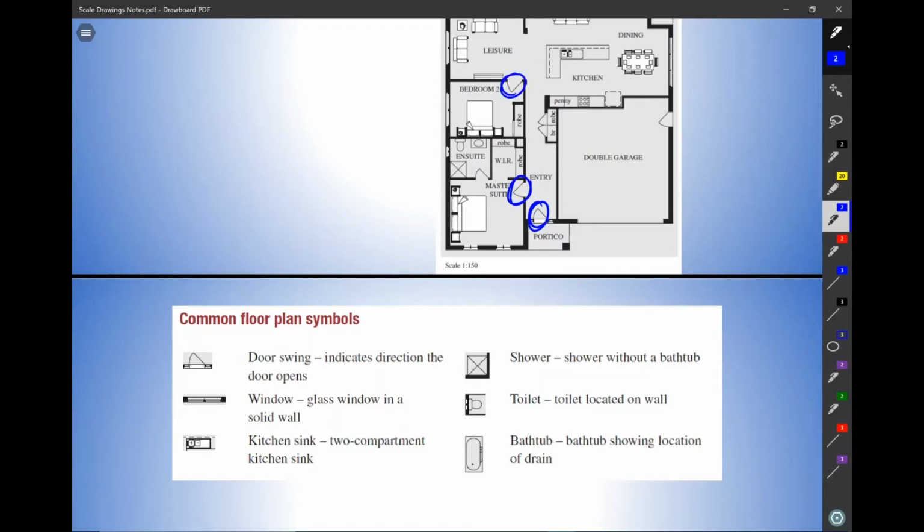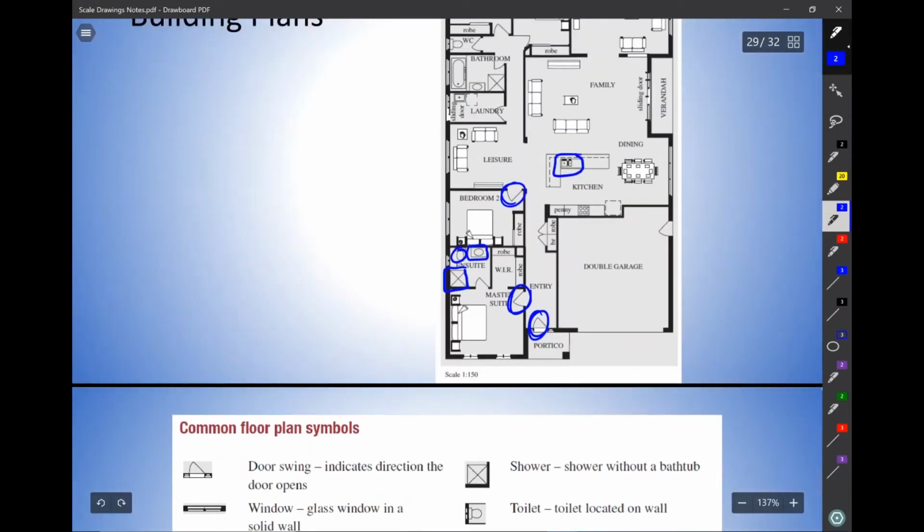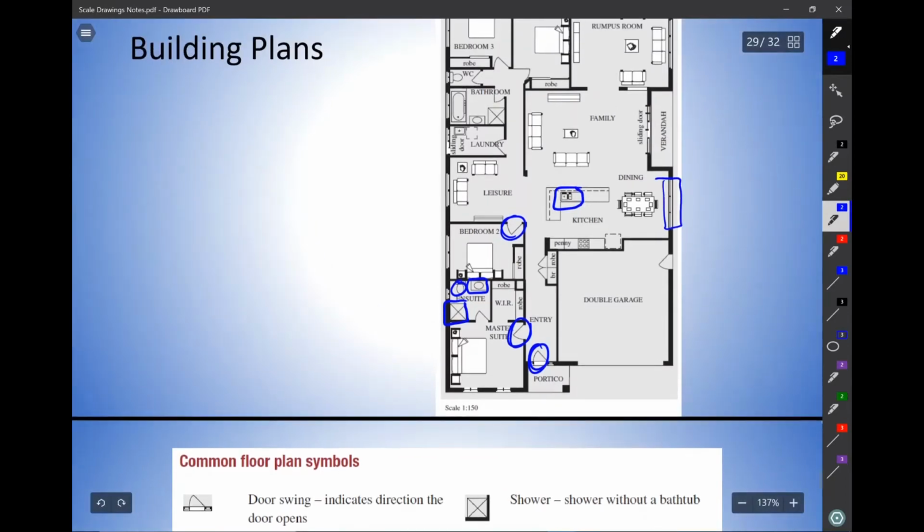You've got important features like shower, toilet, bathtub, kitchen sink as well is another important one. And then you'll also see windows. Sometimes you'll see something a bit like a window that's a bit cut out, and that indicates a sliding door. Those are the main features.